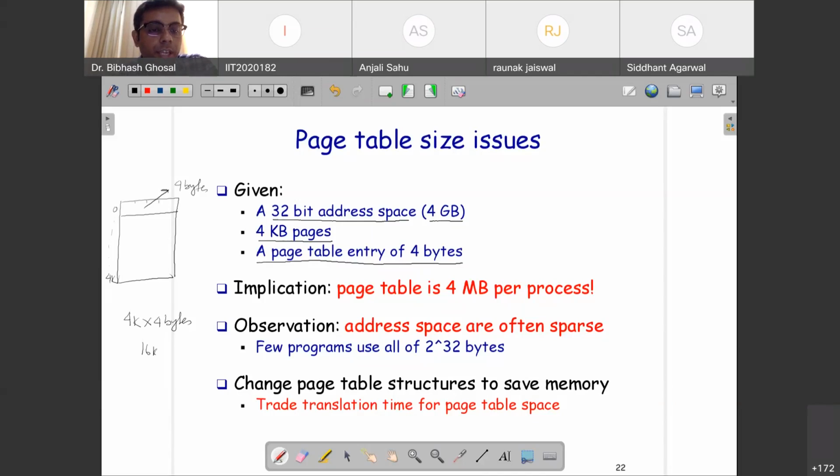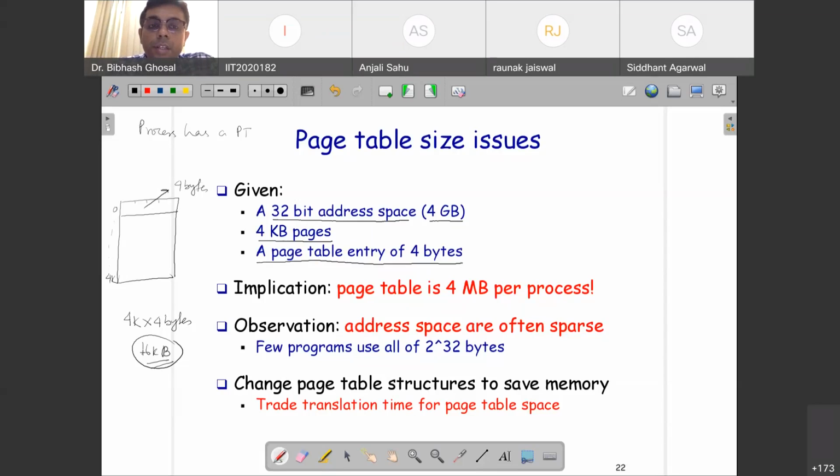So 16K bytes or 16 KB is the space that is occupied by one page table. We know that every process has a page table associated with it. So every process, in addition to its own space in the physical memory, will require an additional 16 KB of space for its page table.